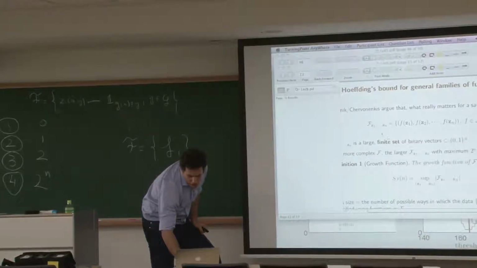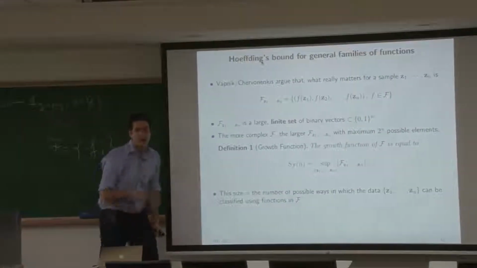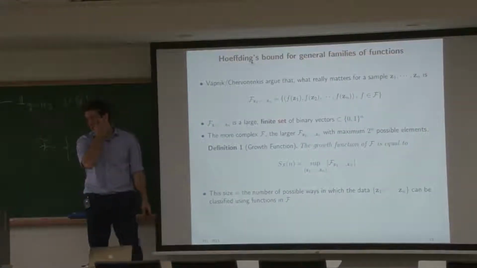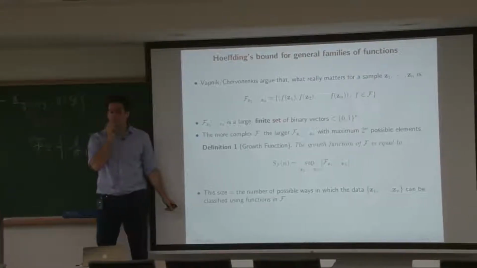if I have two functions, can you give me for sure what is the size of the set? If I have two functions, what would be the size of f? What can it be?